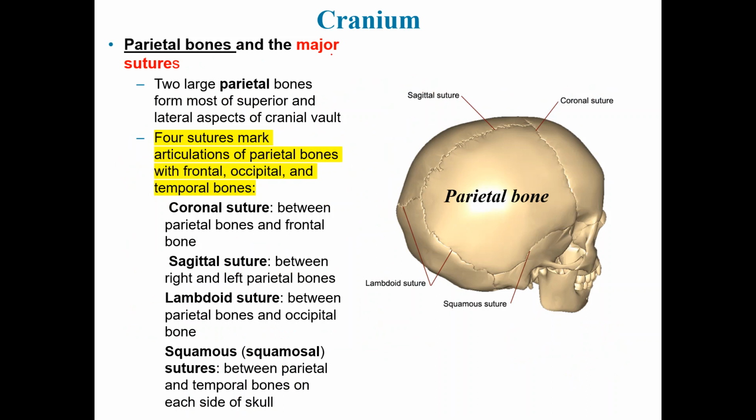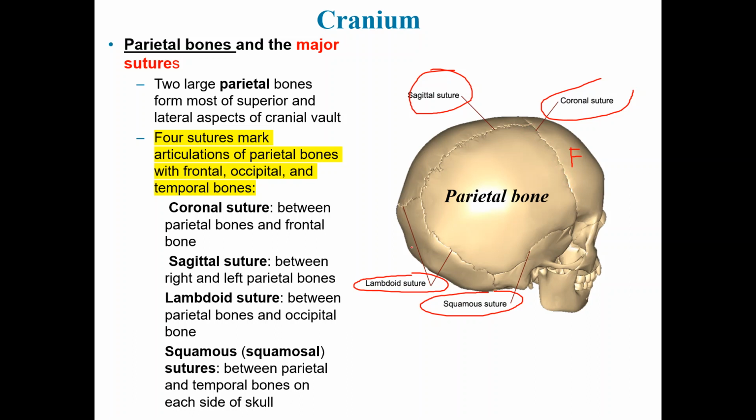Okay, so now we're going to look at the specific sutures that we have to know. They're all named here, 1, 2, 3, and 4. This is the parietal bone, and of course this is the frontal bone. So the coronal suture is the joint, and you should know what kind of joint this is, I'm not going to repeat it again, between the parietal bone and the frontal bone.